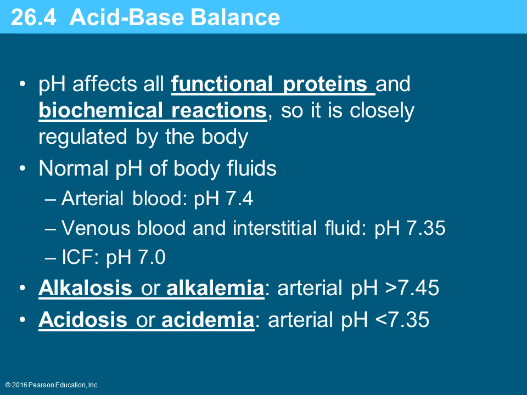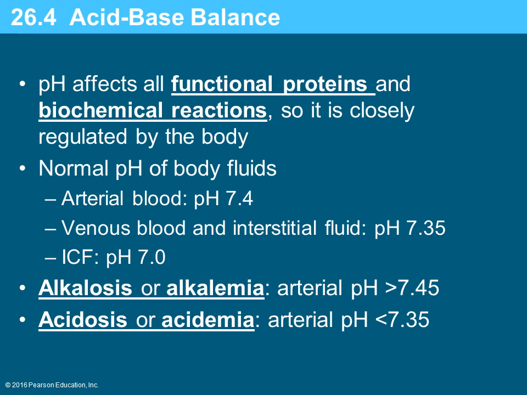Normal pH in the body depends on where you're looking. Arterial blood is normally maintained right at 7.4. In the interstitial fluid and the venous blood, it's slightly lower, 7.35. In the intracellular fluid, it is going to be a pH of 7. If the arterial pH is above 7.45, then you have alkalosis.